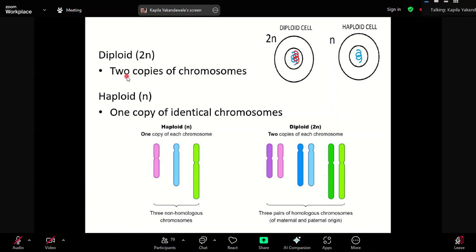Usually in our body cells, like in our hand, in our face, in our hairs, we have the diploid number, 2 copies of chromosomes, as you can see here, red and blue, 2 copies. But when we produce our reproductive cells, like ovules by females and sperms by males, this 2n will become n.